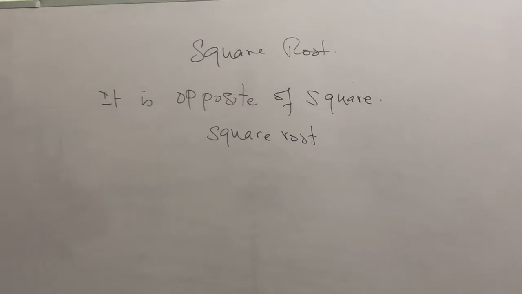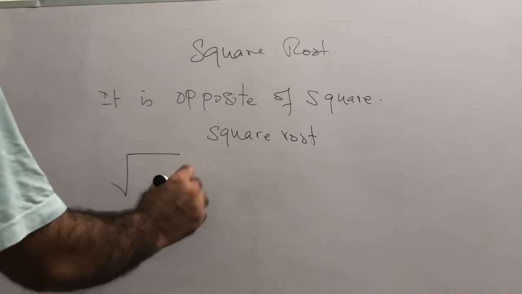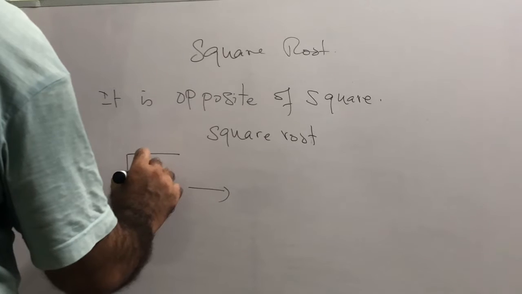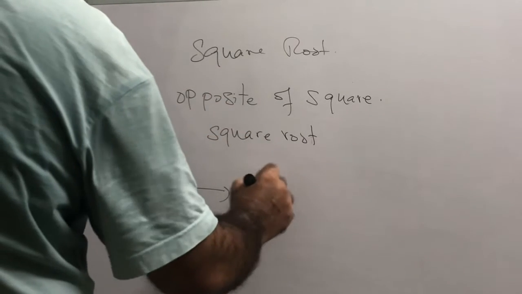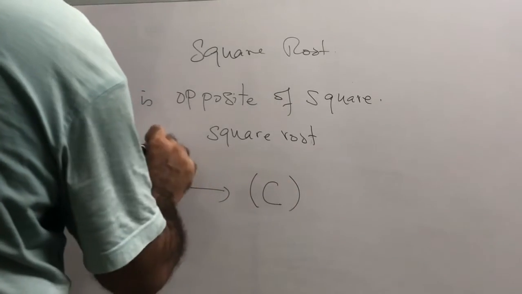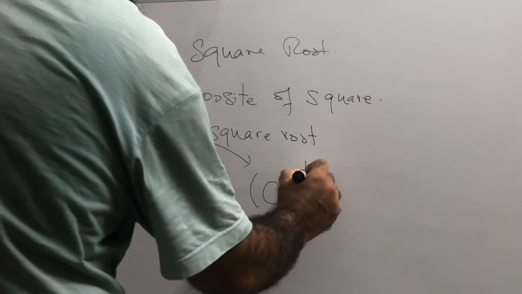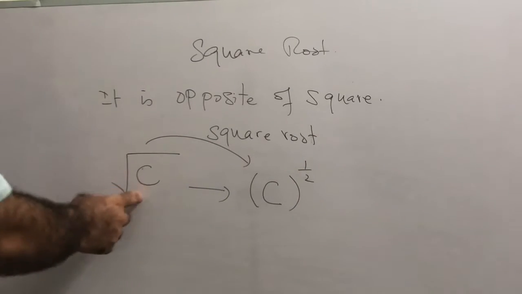Then we move ahead. How to take the square root? The very first thing is the meaning of this sign. Any number which is inside, let's suppose C, the meaning is that we can change this sign into power 1 over 2. Any number inside will get the same power.